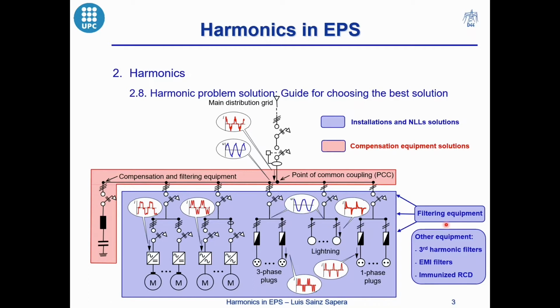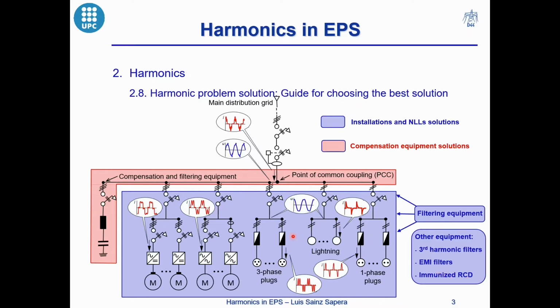Regarding the solutions in the installation and nonlinear loads, we can separate between the filtering equipment and other particular and more specific solutions, such as the third harmonic filters, the electromagnetic interference filters, and the immunized residual current devices.